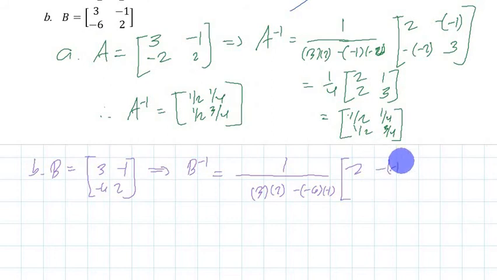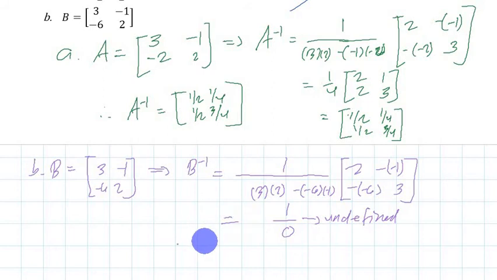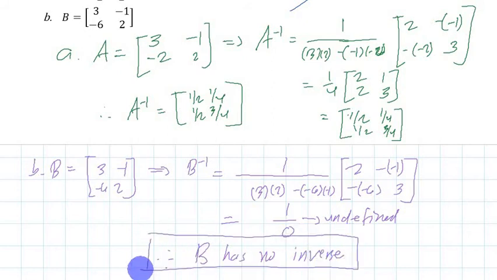Then negative of negative 1. Then this becomes negative of negative 6. Then this becomes 3. However, as you can see, this actually becomes 1 over 0. But this is undefined. So therefore, all we can conclude is that B has no inverse. And you can try Gauss-Jordan to see if this is actually true.